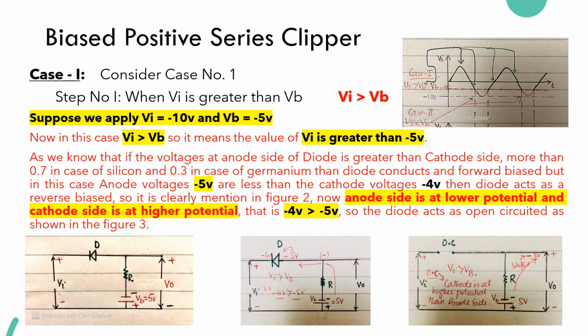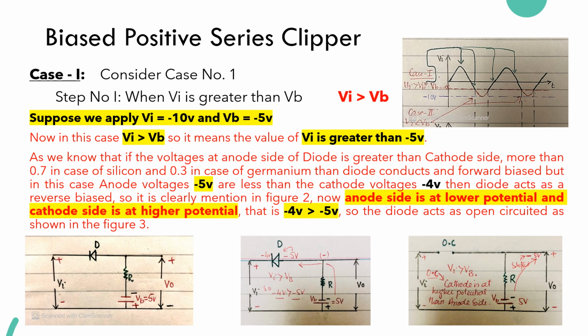Then the diode acts as reverse biased, as clearly mentioned in figure number 2. Now the anode side, which is minus 5 volt, is at lower potential, and the cathode side, which is minus 4 volt, is at higher potential. So minus 4 volt is greater than minus 5 volts.